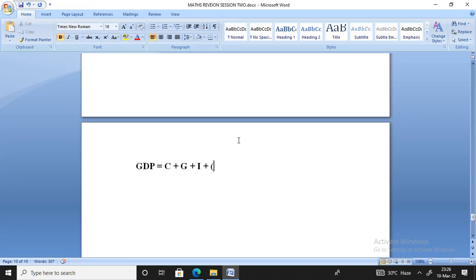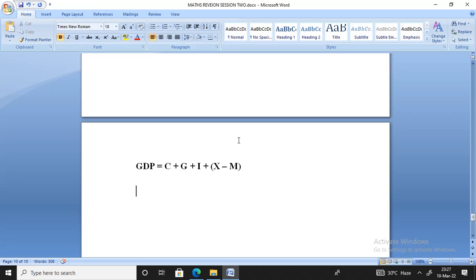That is exports minus imports. M stands for imports. All right, so that's the formula. So we are going to apply this formula on the data that is given in the table.